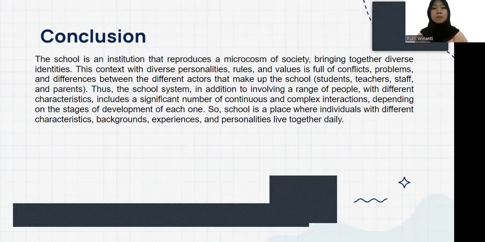Thus, the school system, in addition to involving a range of people with different characteristics, includes a significant number of continuous and complex interactions depending on the stages of development of each one. So, school is a place where individuals with different characteristics, backgrounds, experiences, and personalities live together daily.